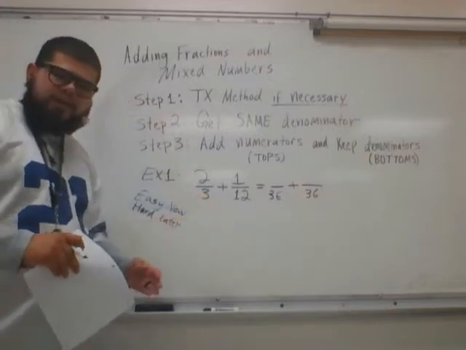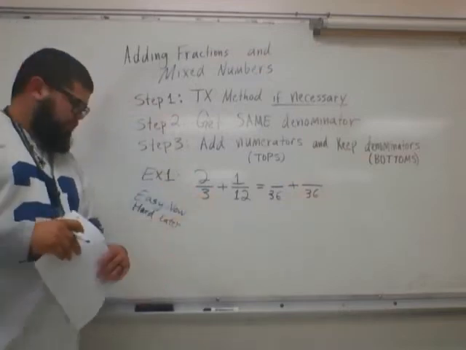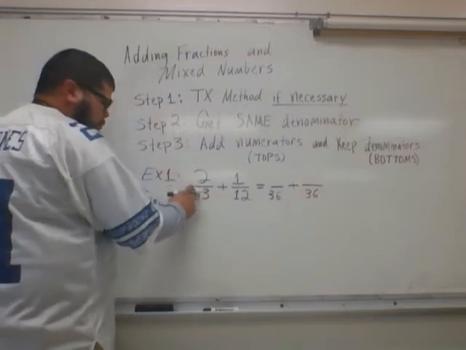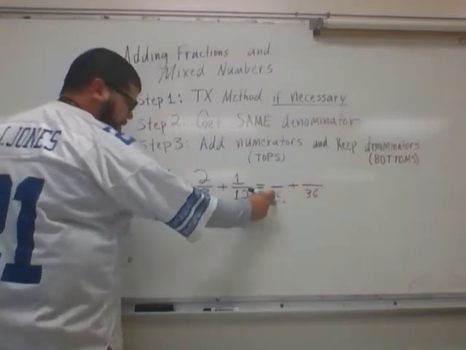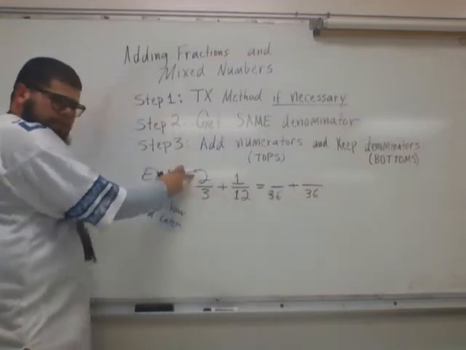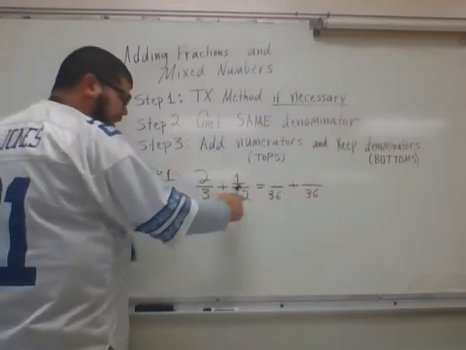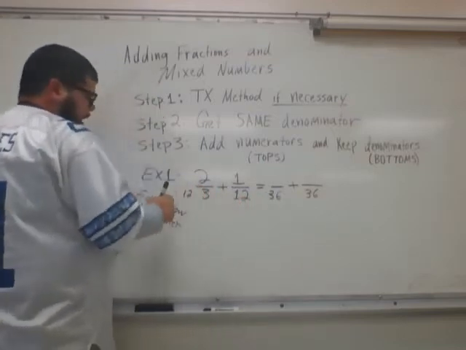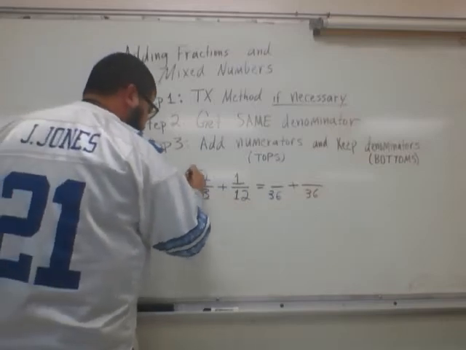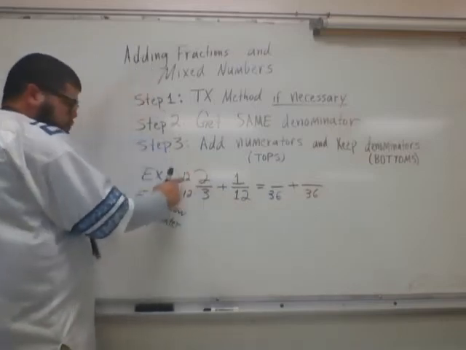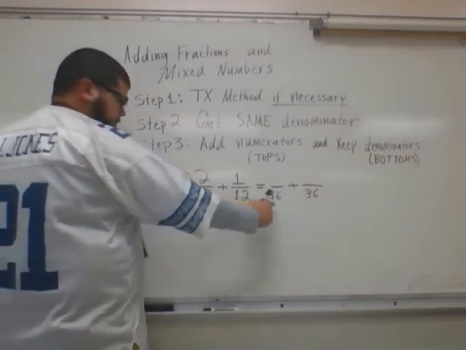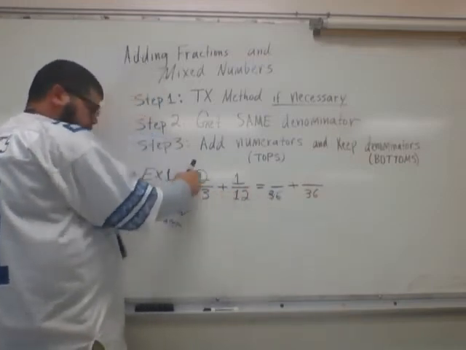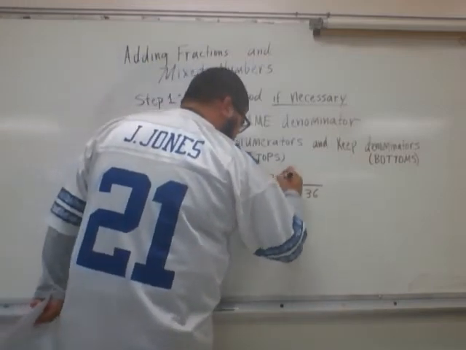And what we're doing here is we're creating those equivalent fractions, right? So whatever I do to the 3 to get the 36, I also have to do to this 2 up here, right? And so 3 times what will give me 36? Well, I know it's 12. And whatever I do to the bottom, I have to do to the top, right? So I did 12 times 3 to get this 36. Now I'm doing 12 times 2 to get this 24.